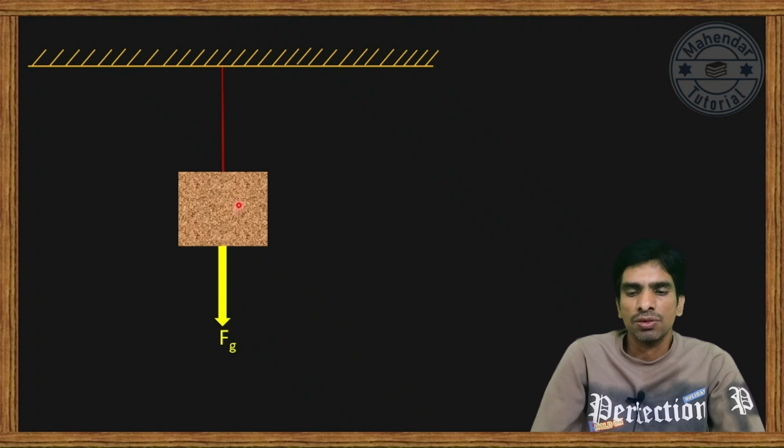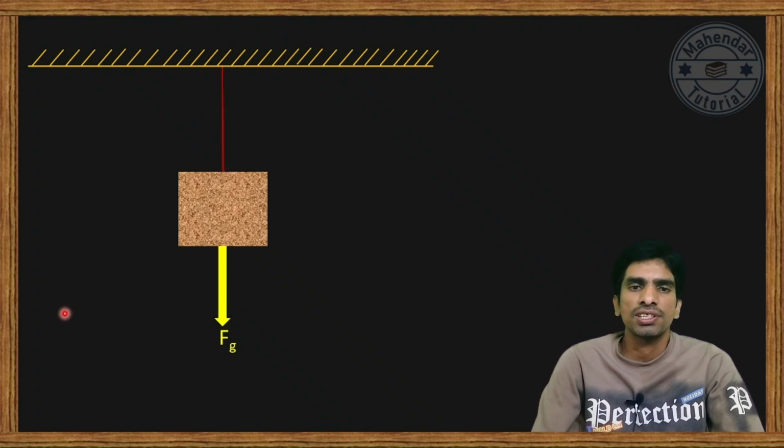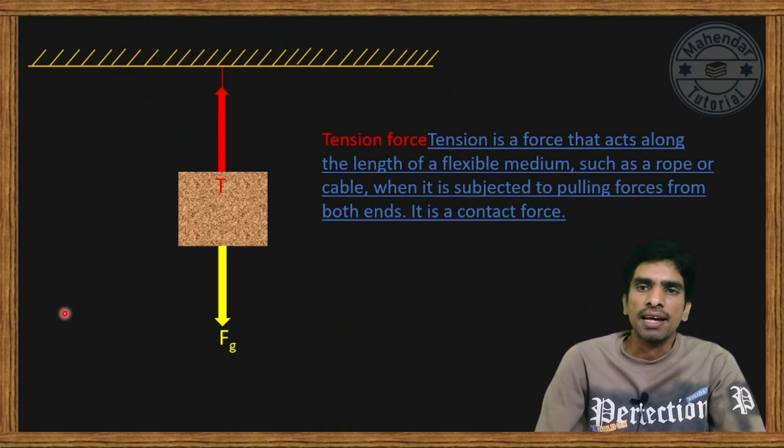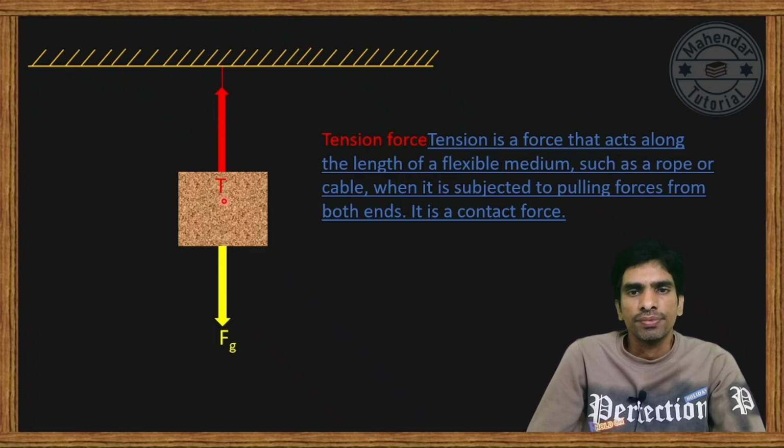The string also applies some force, which is known as tension force. Tension force is a force that acts along the length of a flexible medium such as a rope or cable when it is subjected to pulling forces from both ends. This tension force is also a contact force.